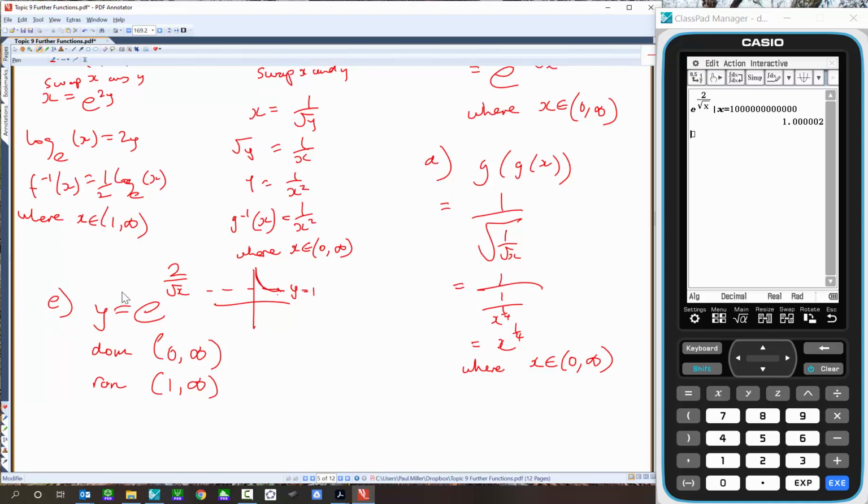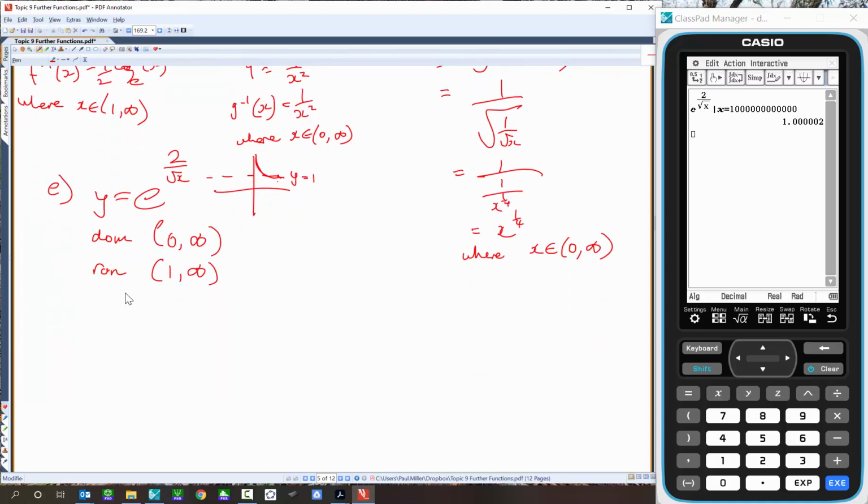All right, so now that that's been done, I actually don't know whether the bookwork requires you to do the domains and ranges, whether it's just a skill-based question, but it's worth just doing it anyway. So we're going to swap x and y. We're going to go x is equal to e to the 2 over root y. Okay, now let's bust this out of exponential form. Log x equals 2 over root y.